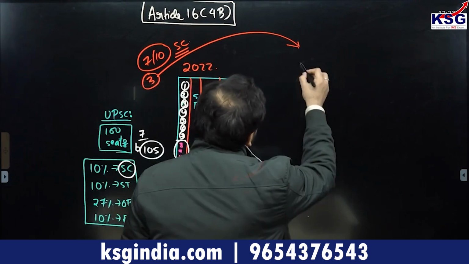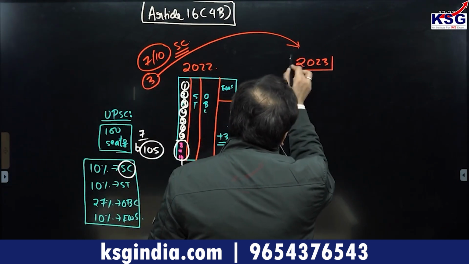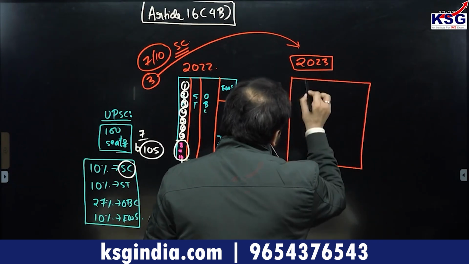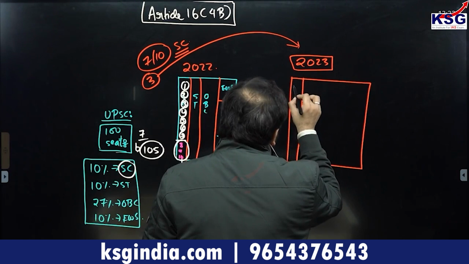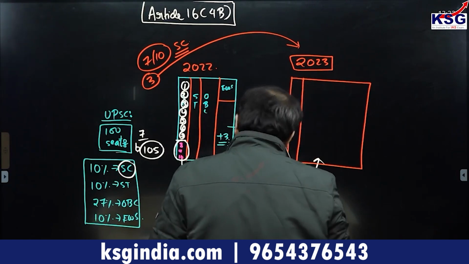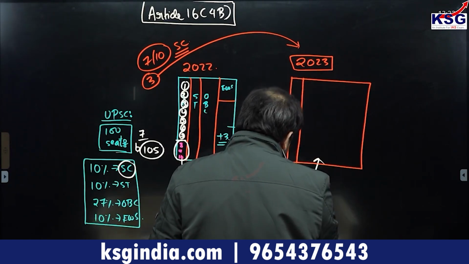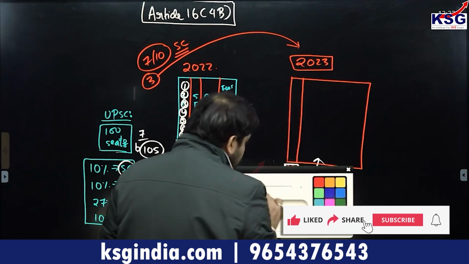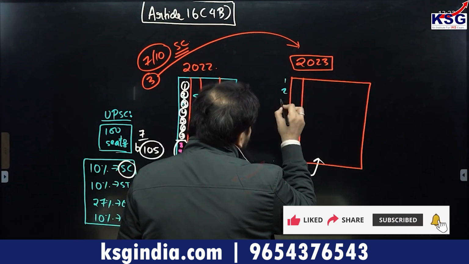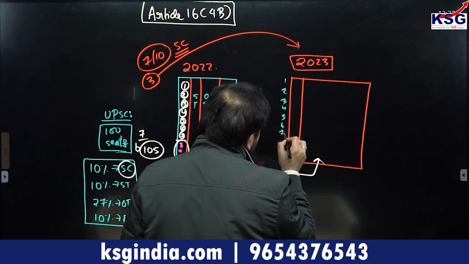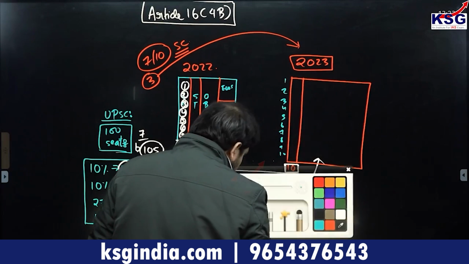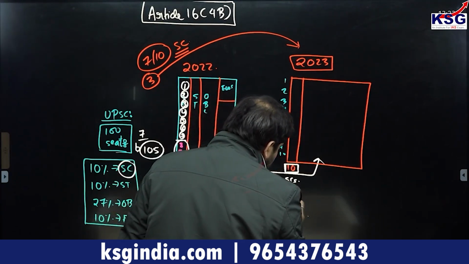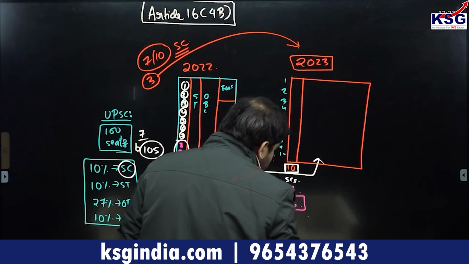Then let's say the UPSC makes another notification in 2023. In that notification, you would have 10 seats for Scheduled Castes as usual, but an additional 3 seats would be added, making the total seats for the Scheduled Castes 13.